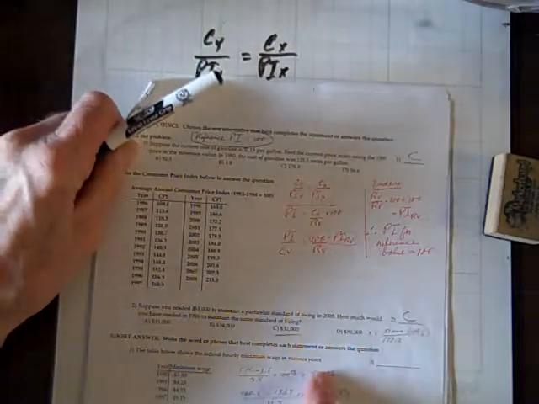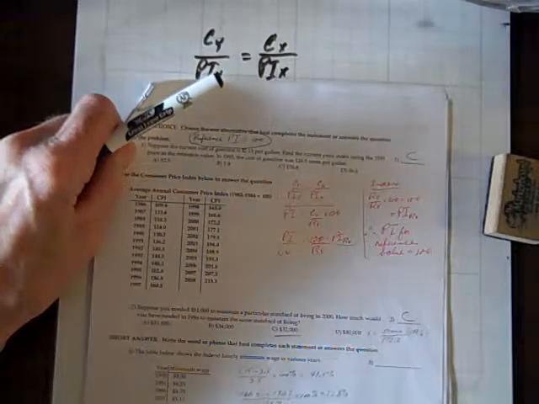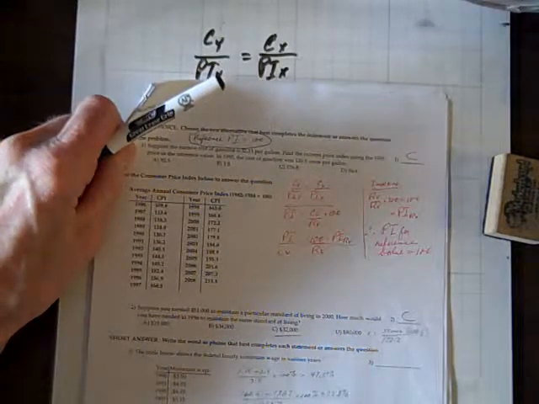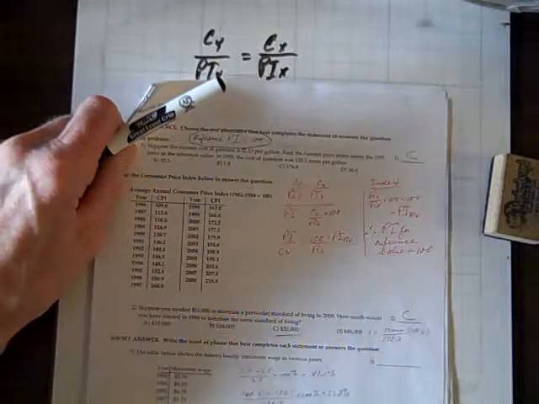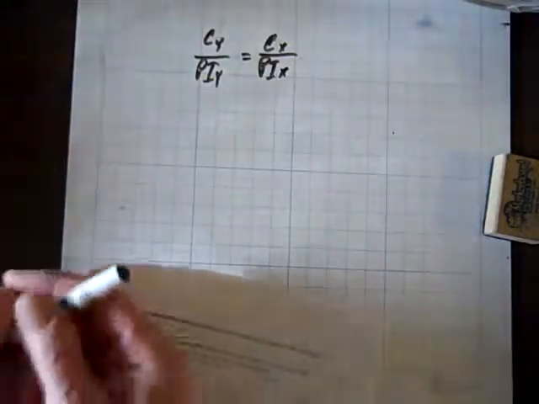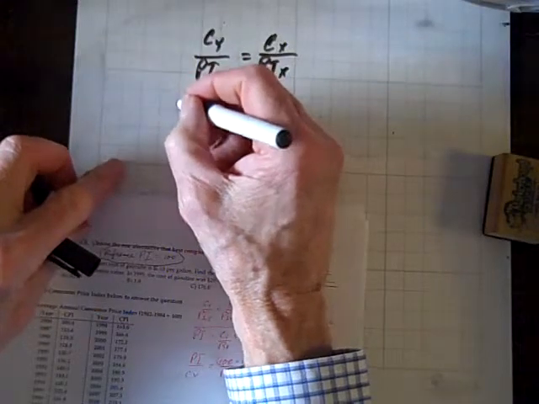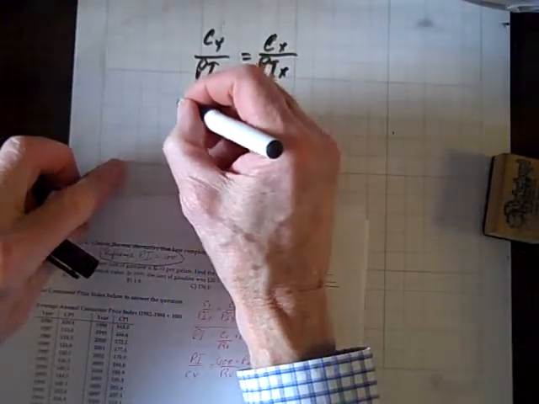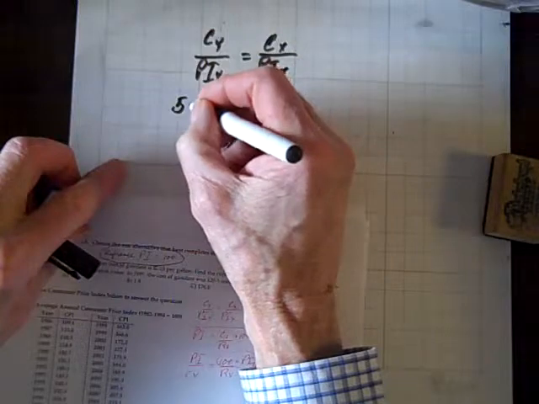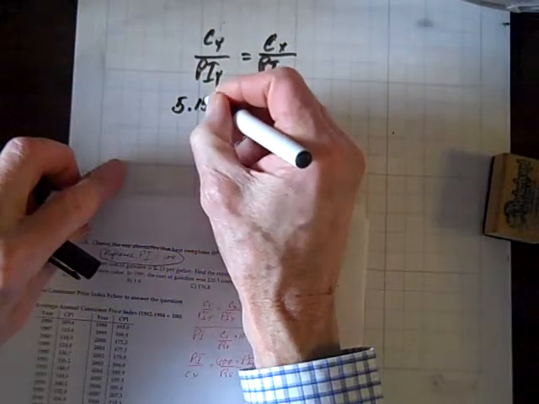Now for number 3, it says use the table below, and it shows the federal hourly minimum wage in years. What was the relative change in the minimum wage from 1990 to 97? So for the relative change, the minimum wage in 1997 is $5.15.